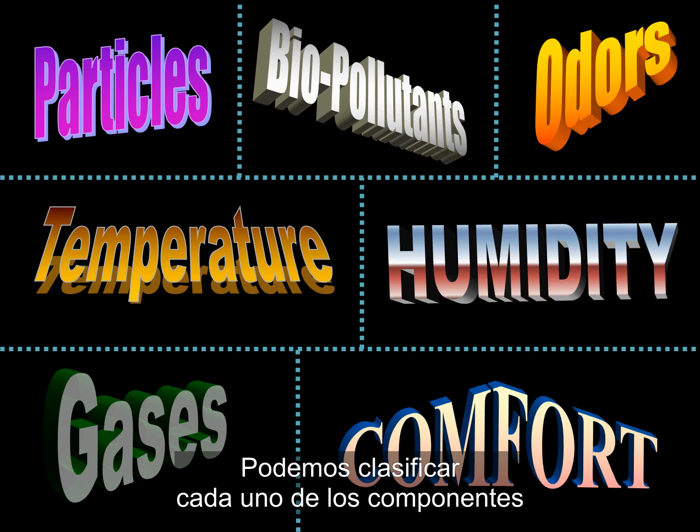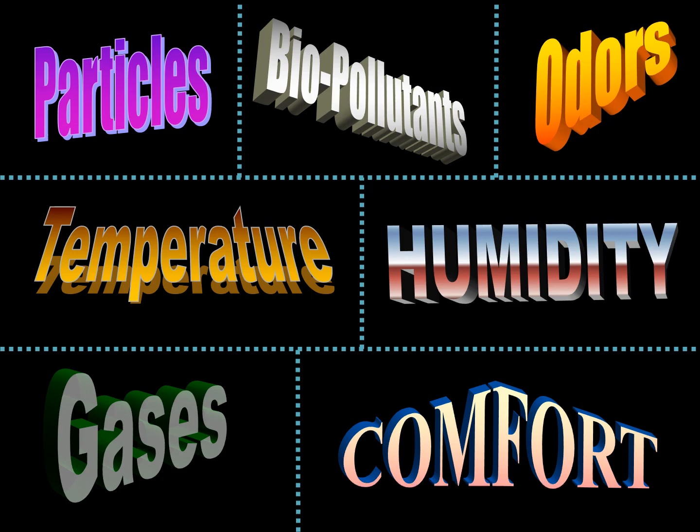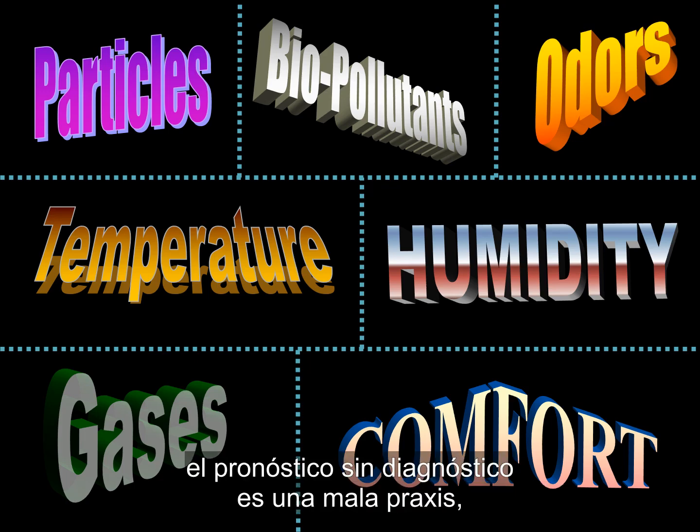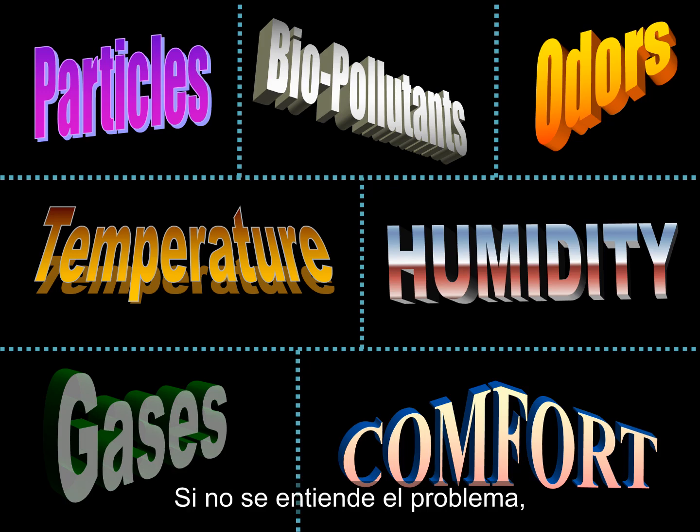You could classify every single component that affects indoor air quality into one of these 7 components. And if you know what the problem is, the solution is easier to understand. As I've said many times, prognosis without diagnosis is malpractice, and so it is with indoor air pollution. If you don't understand the problem, then you don't have a solution.